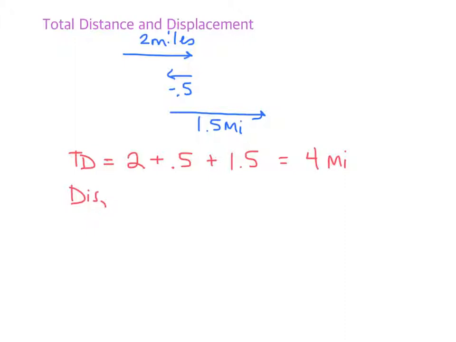Displacement, okay, is different. That is more the overall distance that she traveled from starting to finishing. And so what's happening here is you're actually going to take into account the negatives. Whereas for total distance, notice that I did not take into account negative 0.5. I included that as a positive 0.5. So for displacement, I'm going to say 2 minus 0.5 plus 1.5.